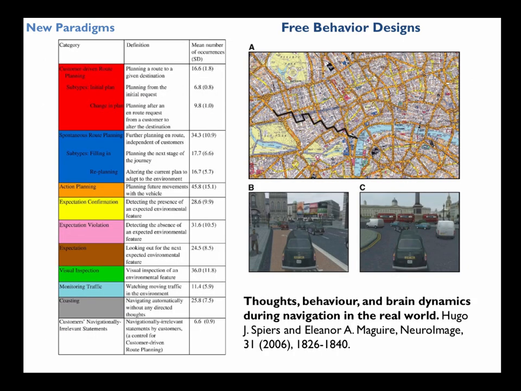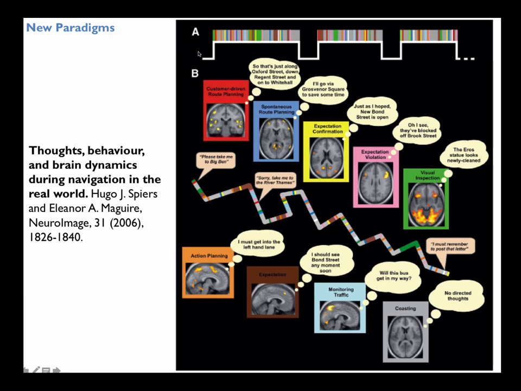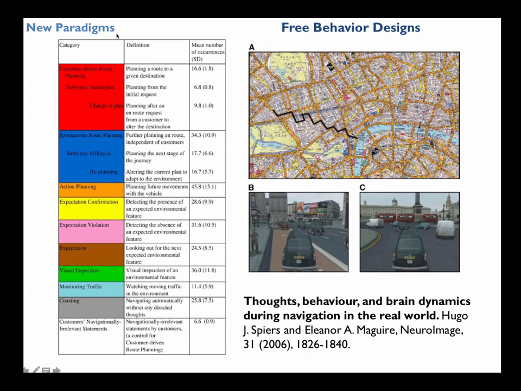And so this is one of the first examples of free behavior design. This is some work by Eleanor McGuire's lab, in which she had subjects just driving through a simulated London right here. And they did various things, and they categorized what they had to do here, and then they simply continuously collected the data and then binned it based on what they were doing. So all these are various bins that correspond to these color codes.